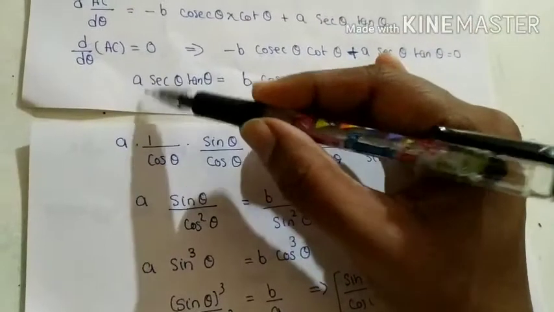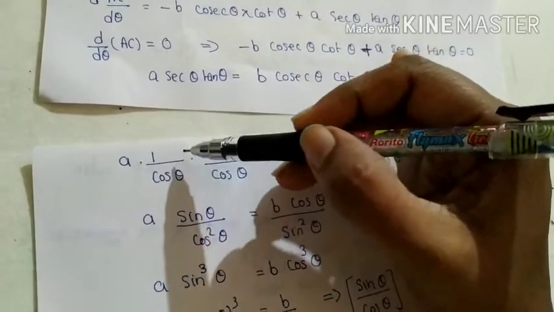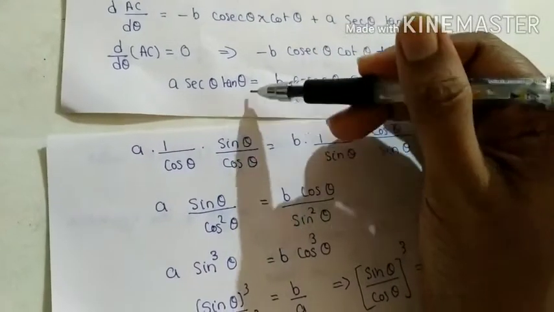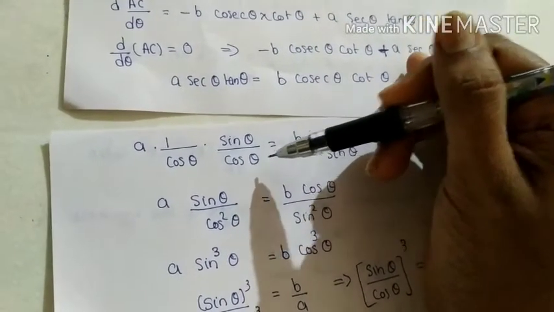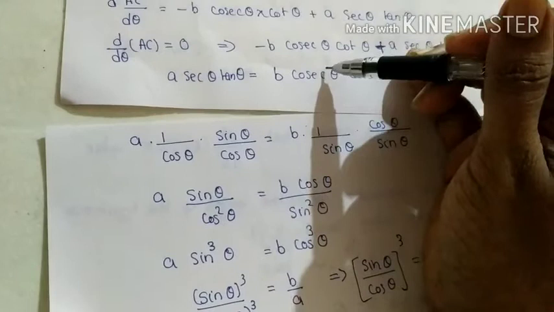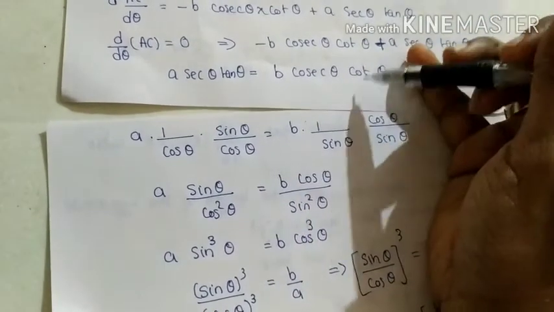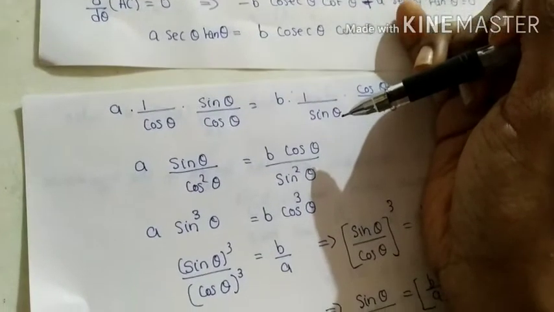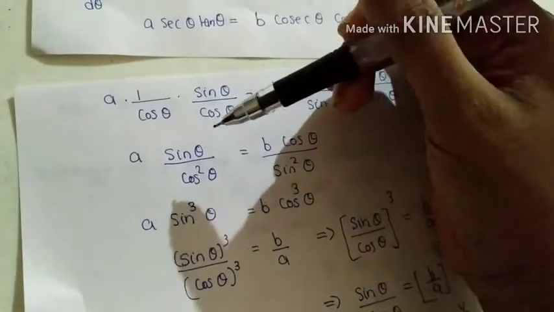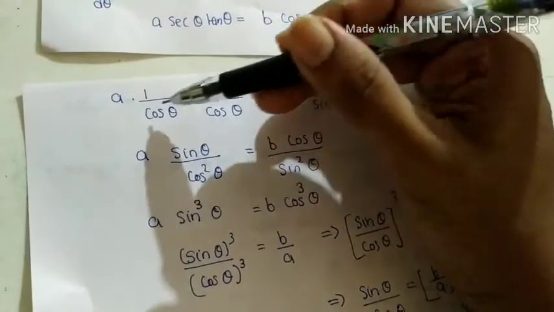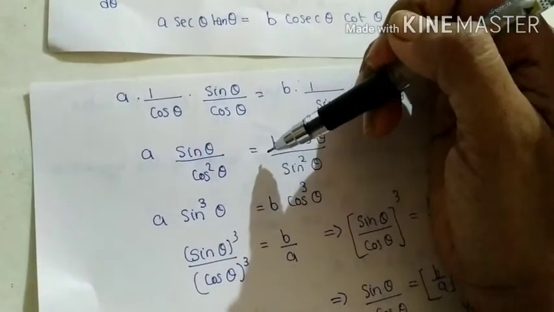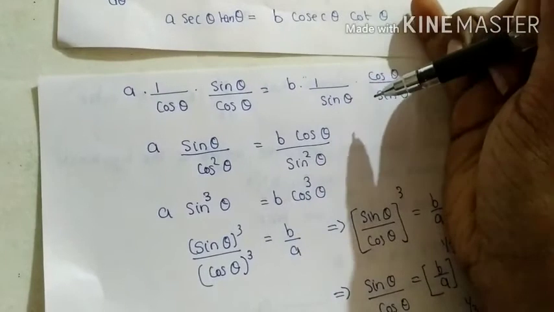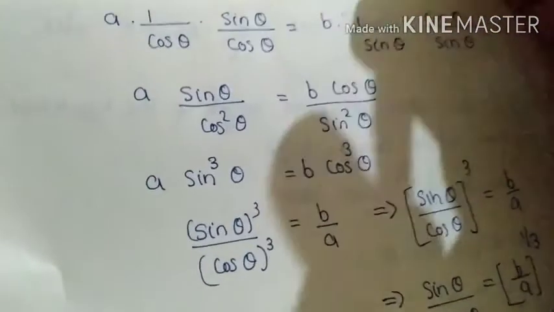Here A into sec theta can also be written as 1 by cos theta, and tan theta is sin theta by cos theta, equal to B into cosec theta, which is 1 by sin theta, and cot theta is cos theta by sin theta. From this we get A sin theta divided by cos square theta equal to B cos theta divided by sin square theta.